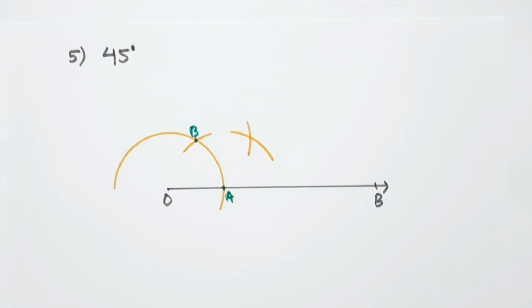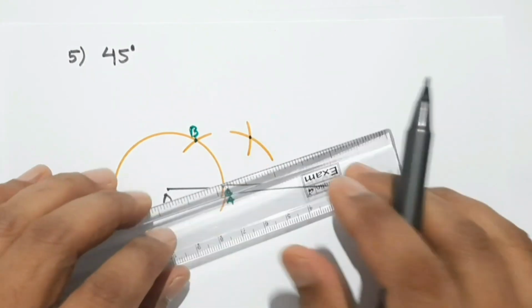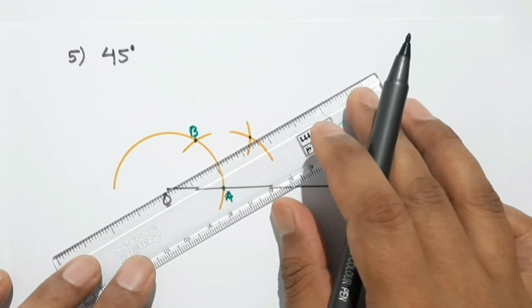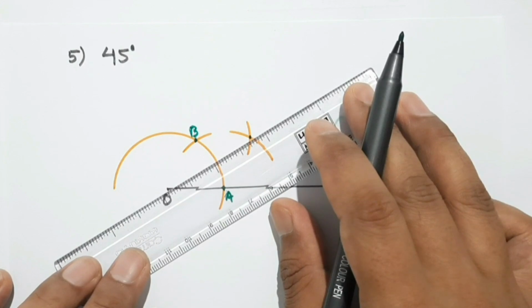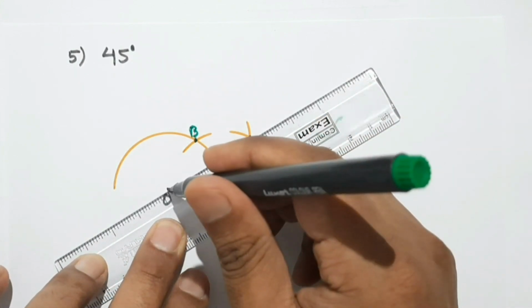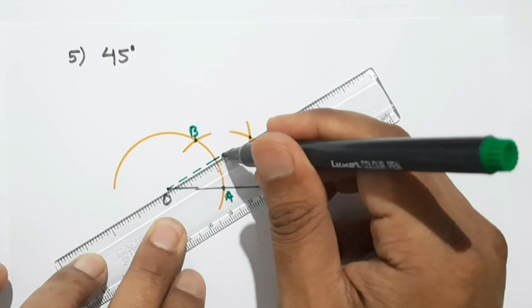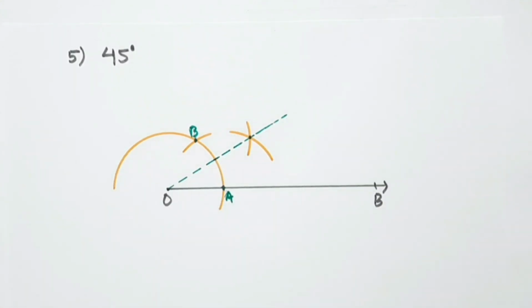So this is our 30-degree angle, passing through this point. Actually we are constructing a 45-degree angle, so I'll just make this line dotted, because our main aim is to draw the 45-degree angle. So this is the 30-degree angle.